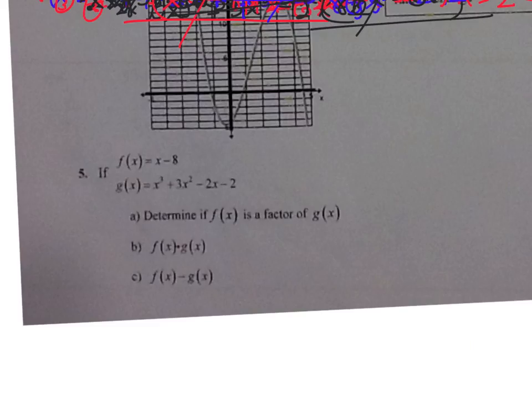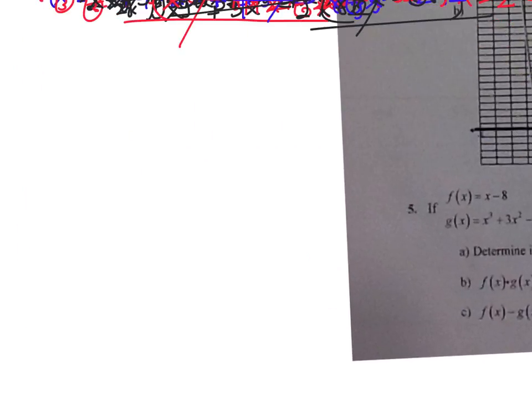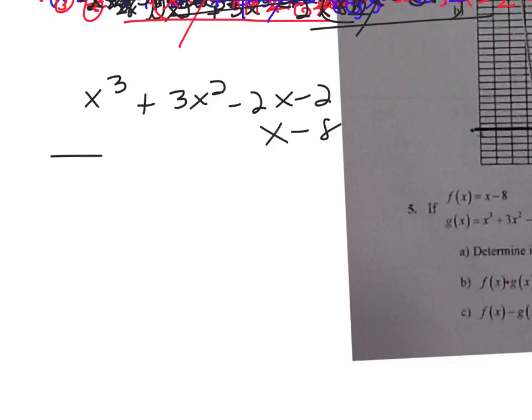Okay, so 5b is to multiply f of x times g of x. So f of x times g of x here. So g of x, I'm going to put the g of x first because it's my longer polynomial. So it's x to the third plus 3x squared minus 2x minus 2. And I'm going to multiply that by x minus 8. All right, so negative 8 times negative 2 is positive 16.